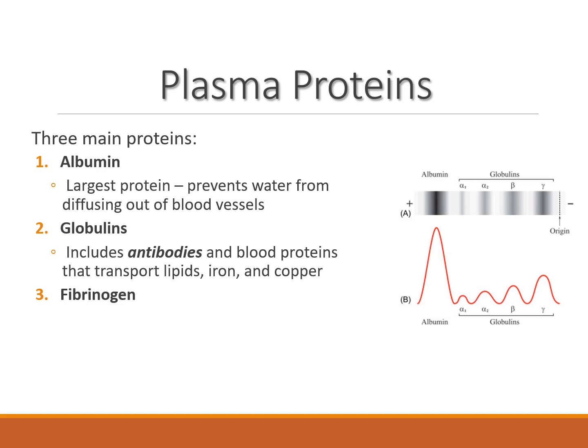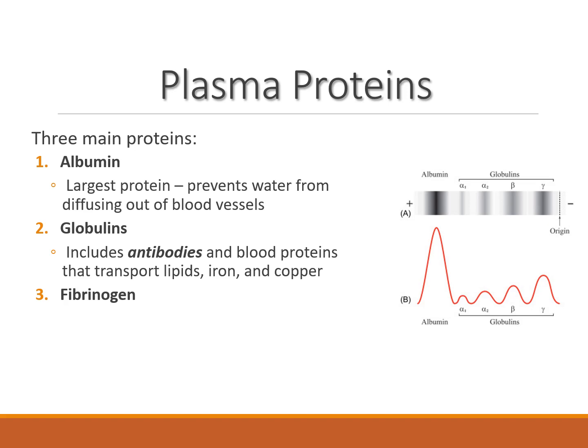So they're going to transport some minerals like iron and copper, transport some fats, because the fat, since it's a lipid, it doesn't like the water of the plasma, so it's going to have to be carried by a protein in the plasma. Okay, but really think the immune system and antibodies when you hear globulins.